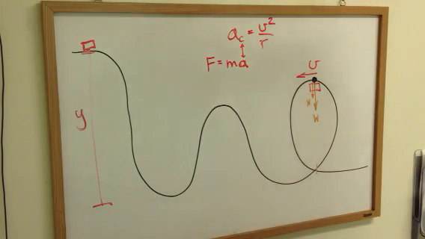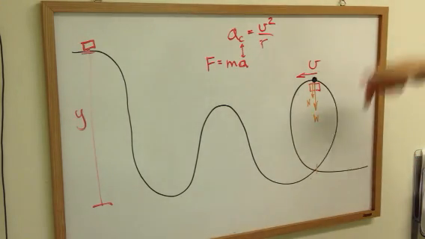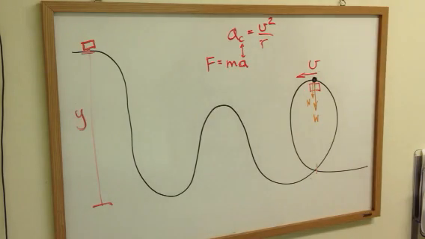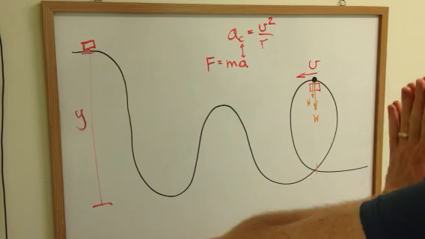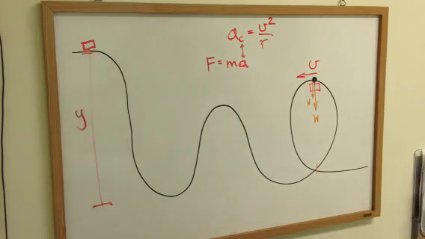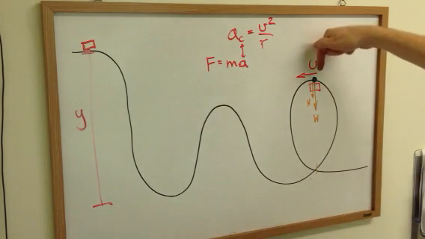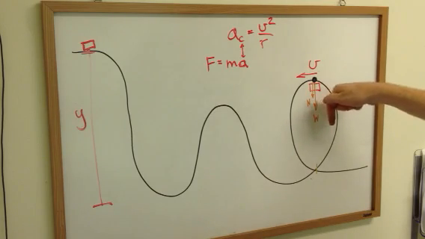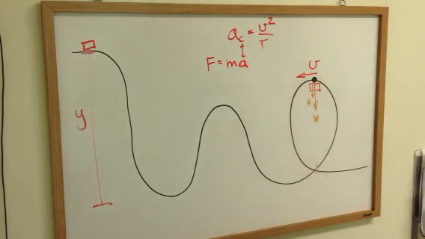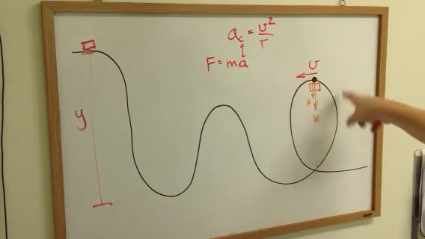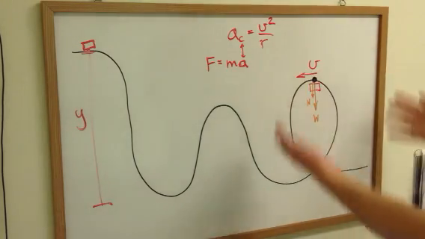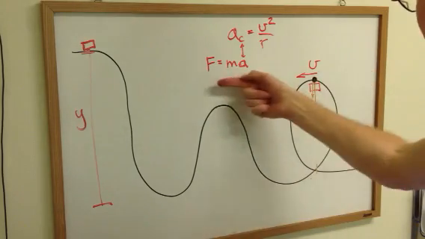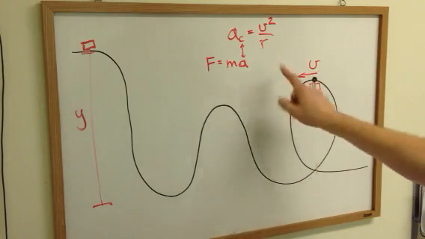It's going to press against the track as hard as the track presses against it. So if we can figure out N, that's how hard. Basically, when two surfaces come together, one is always pushing equal and opposite of the other. So if we can figure out how hard the track is pushing on the roller coaster, that will be equal and opposite to how hard the roller coaster is pushing on the track. The track is pushing on the roller coaster, which is the whole reason it remains in circular motion. Otherwise, it would fly off in a straight line, because that's the direction it's traveling at the top.